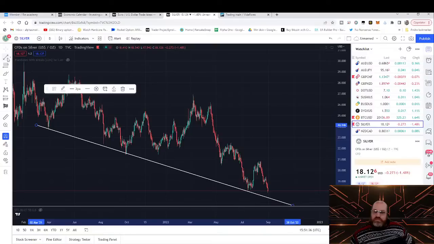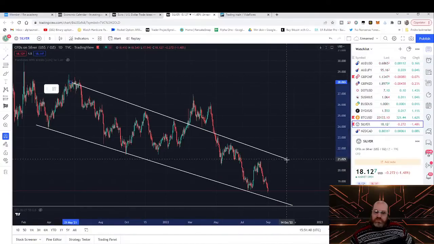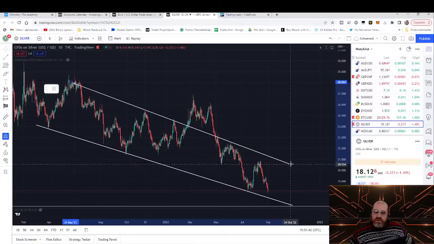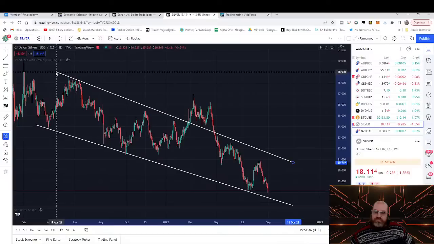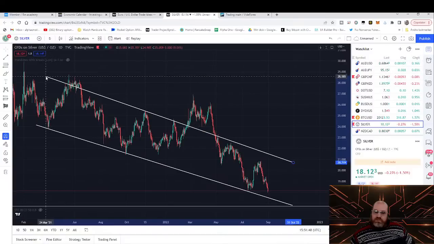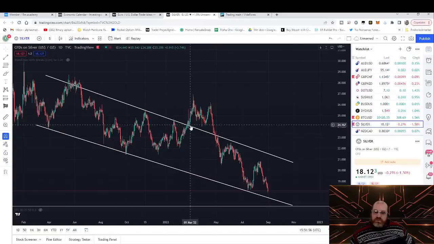And if we then put the upper line, we take where we touch the most times, something like this. Basically, what I'm looking for is where we touch the most times. You see, we broke up here, and we almost come up to the start of the trend.